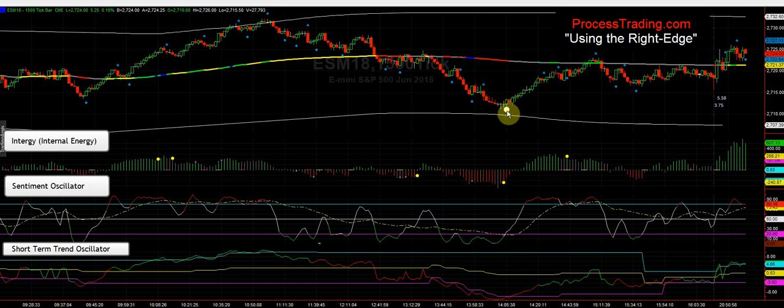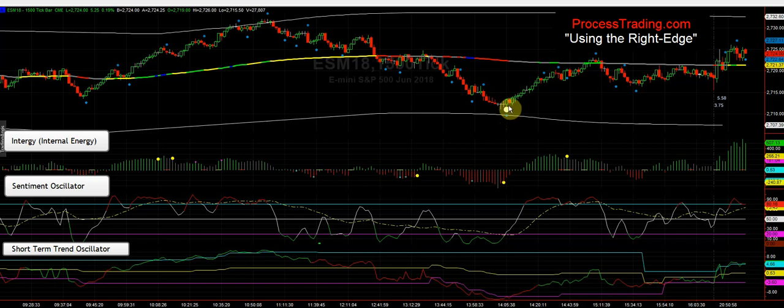Now, in taking this trade, it's a discretionary trade. So you're going to use your own discretion as to how you want to get into it. You could have entered into it as a trend trade and you would have been successful. You could have entered into it through the trade management of a contrarian trade and you would have been successful. Whatever you do here, you're using your own discretion for entries here.